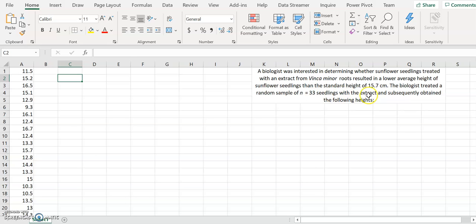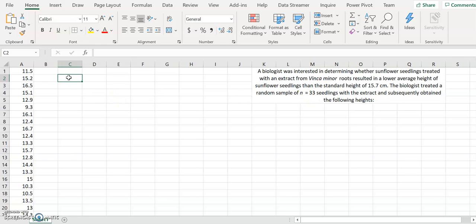But since we're going to use the standard deviation of the sample, because the population standard deviation is not provided, instead we're going to use a t-test since we're making an estimate from an estimate, and so this will be a little bit better for us.